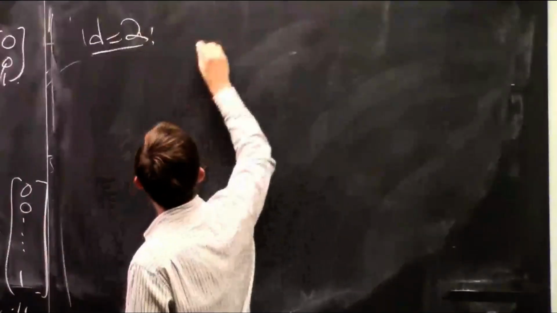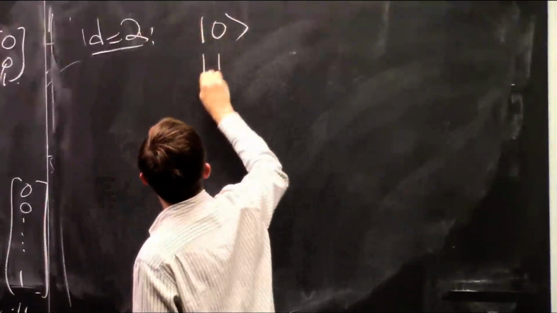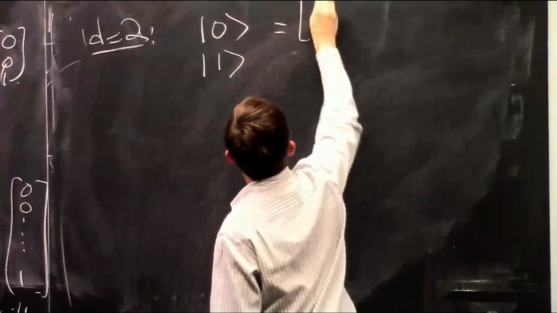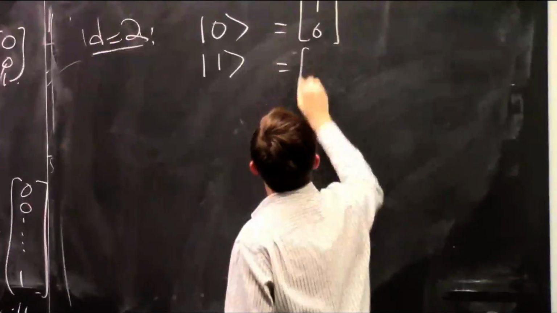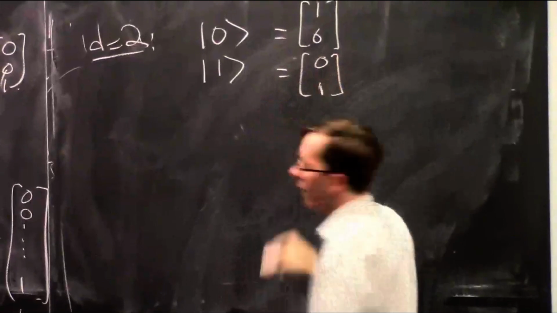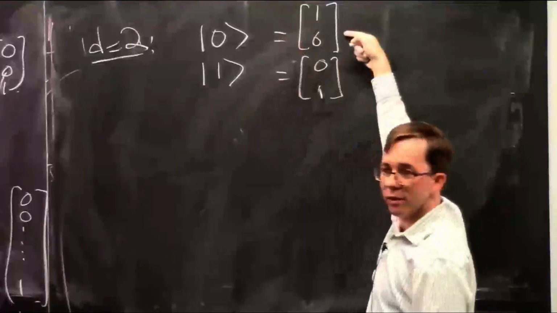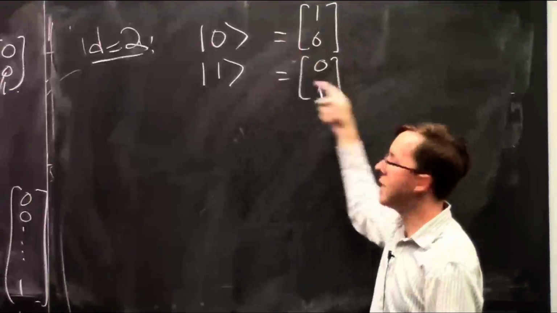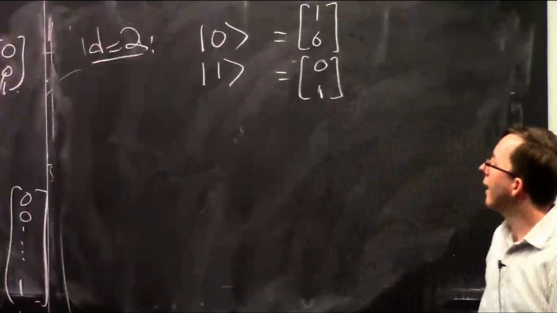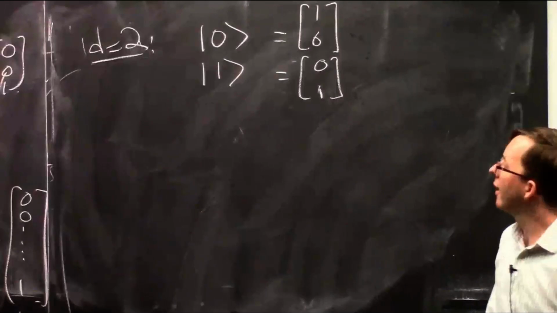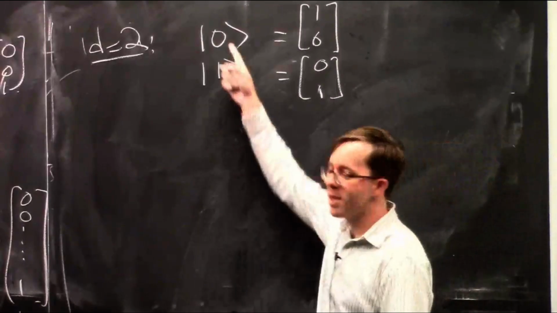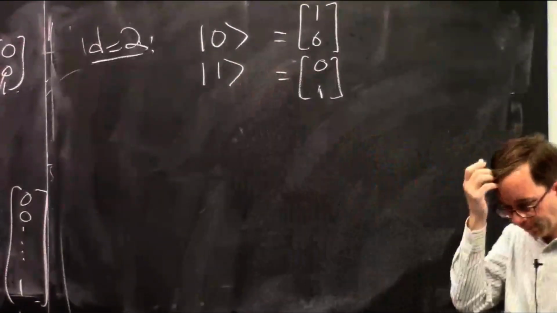So when d equals 2, you instead call them 0 and 1. But that just stands for this and 0, 1. So all along, this is the secret. This symbol means this particular vector in 2 dimensions, and this symbol means this particular vector in 2 dimensions. Or it could have been 1 and 2, but it's 0 and 1.